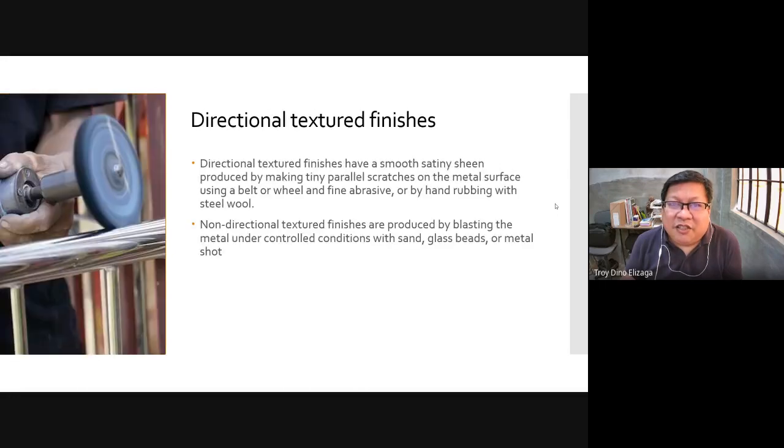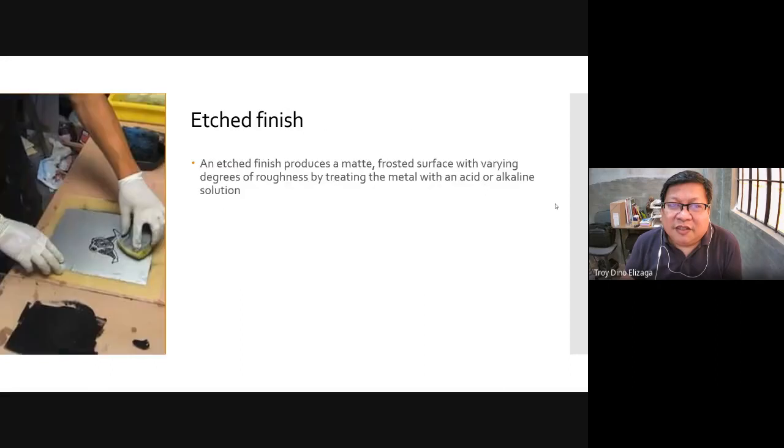And then directional texture finish. This time you also use a spinning device, except that you're not trying to make the metal shinier, you're actually putting texture on the metal. Etched. I think this is familiar to some of you.